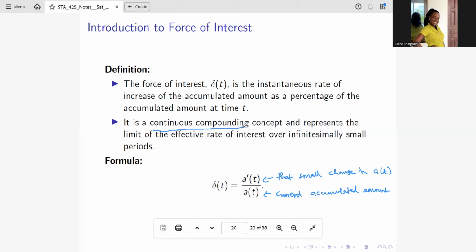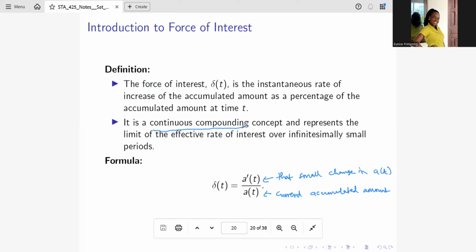It's continuous. So you do not wait for the end of the year before you earn interest. You earn interest continuously as the clock is ticking. So it is a continuous compounding concept and represents the limits of the effective rate of interest over infinitesimally small periods.